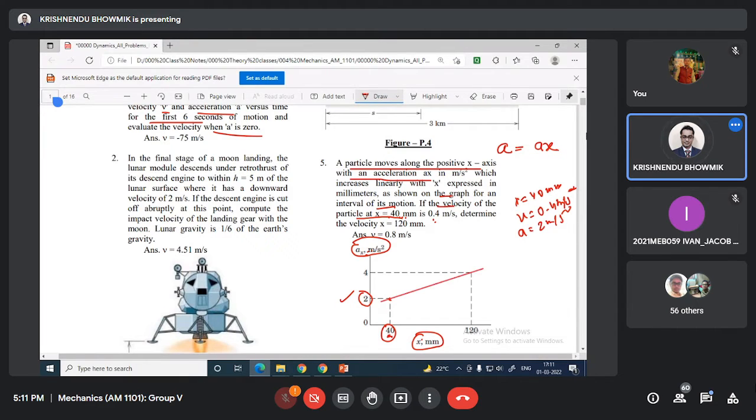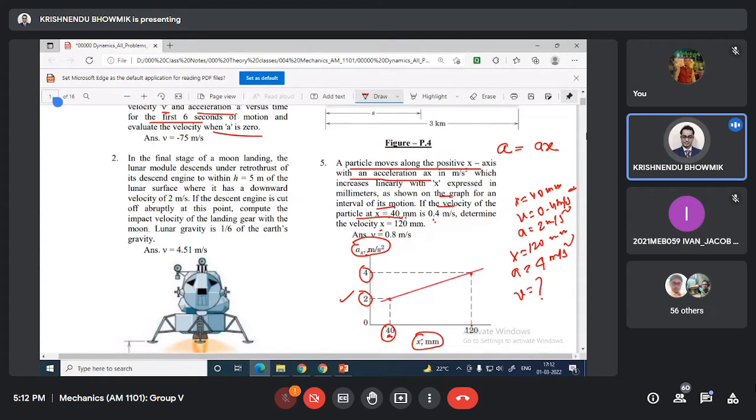Okay. When this figure says x equal to 120 mm, here your acceleration is 4 meter per second square. But we have to calculate the velocity at x equal to 120 mm. Acceleration from the graph is 4 meter per second square.